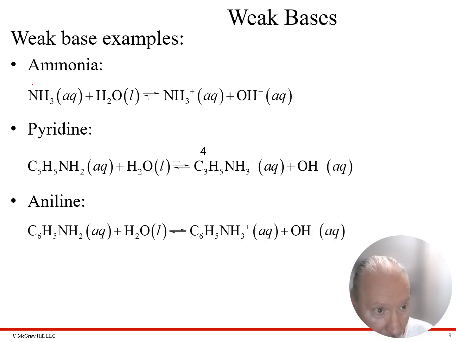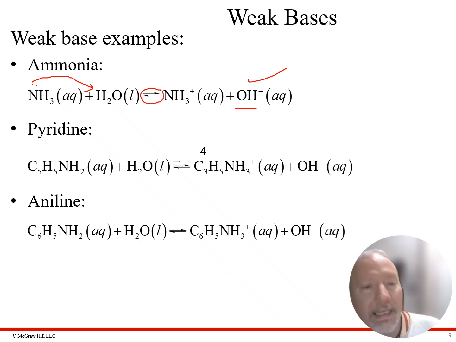There are lone pairs on nitrogen, and it comes over here and attacks one of the hydrogens, and then we create the hydroxide anion, which is the definition of a base. But this is a weak base because the arrow means that reactants go to products and products go to reactants.